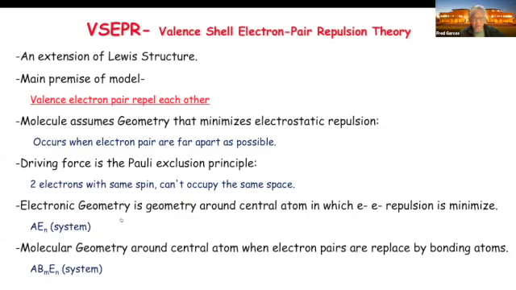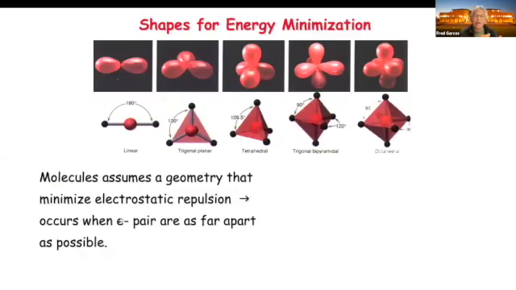You can read it on your own. The idea is that when you have two regions of electron density, the furthest apart they can be is 180 degrees, and that is a linear geometry. When you have three regions of electron density, the furthest apart they will be is trigonal planar.